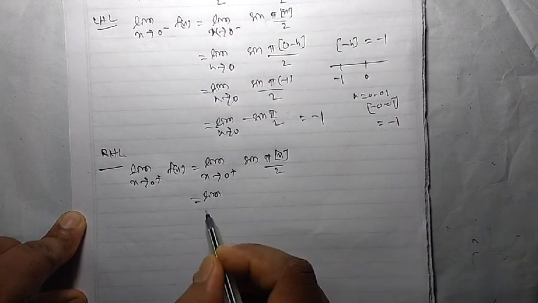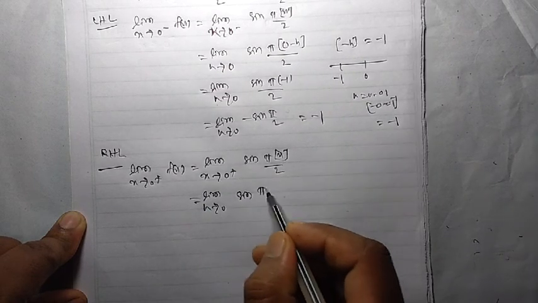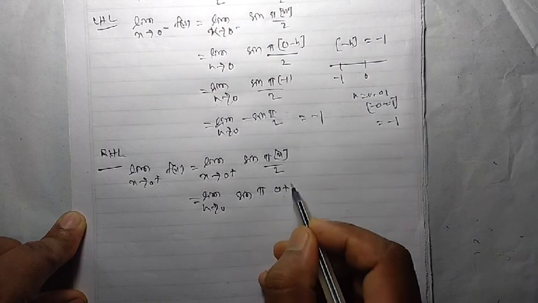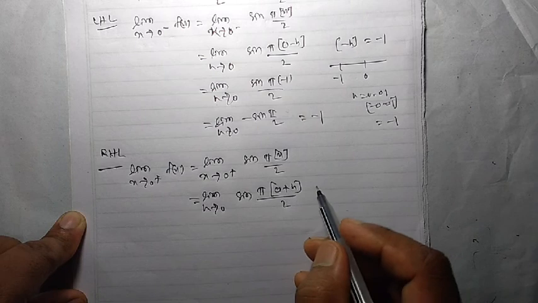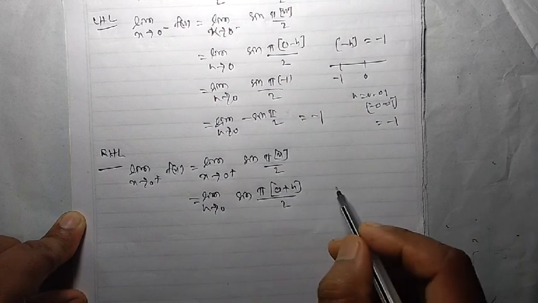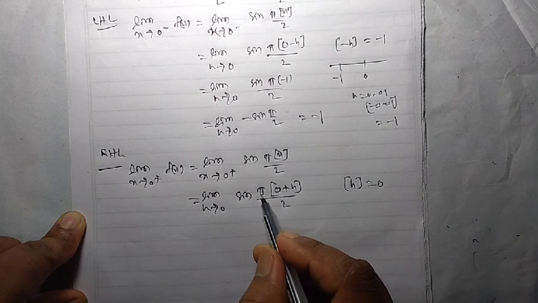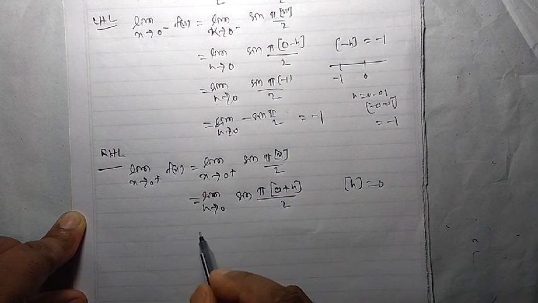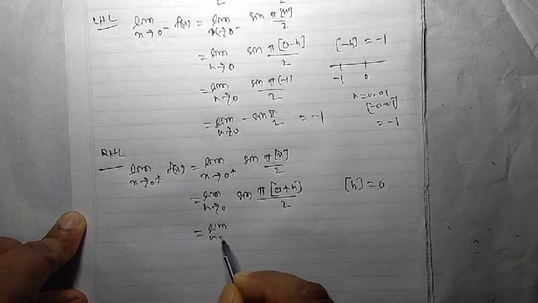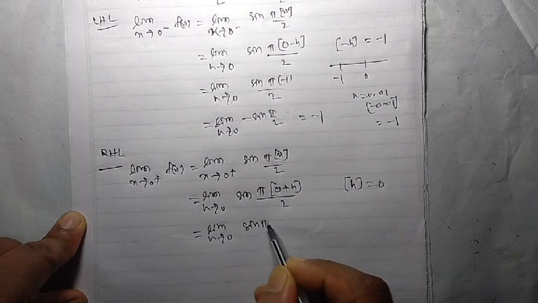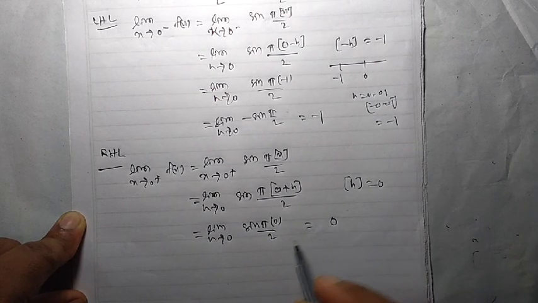In place of x we write 0 plus h, so bracketed 0 plus h. You see, bracketed h is equal to 0, so 0 into pi is equal to 0. Limit h tends to 0 sin pi into 0 by 2 is equal to 0.